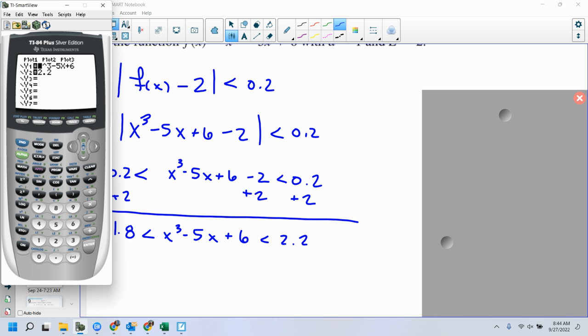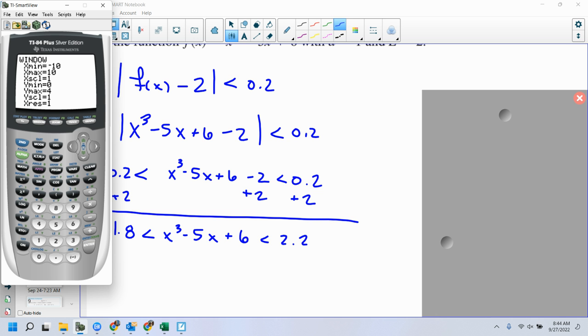Okay. I am going to use the window that the book provided, because this is a good window. The x values went from 1.7 to, oh shoot, what is that? 1.8 to 2. What x value made that happen? 1.12.